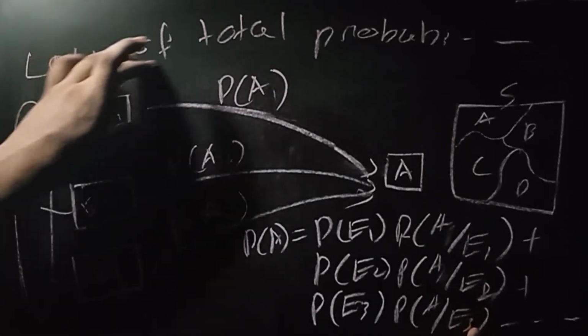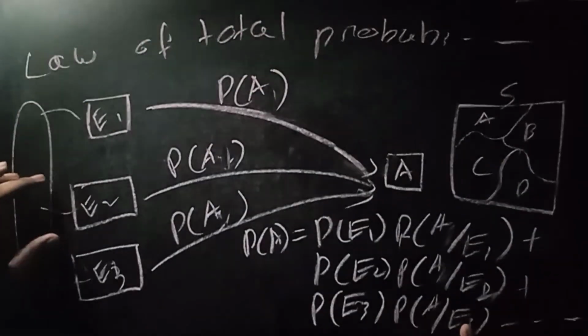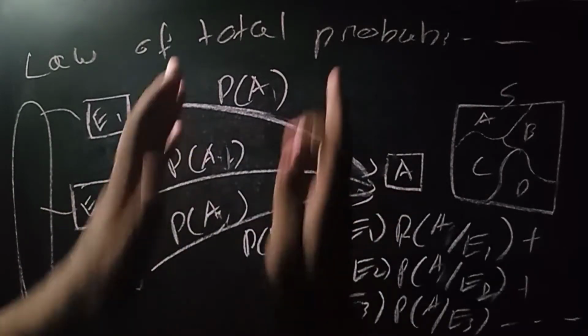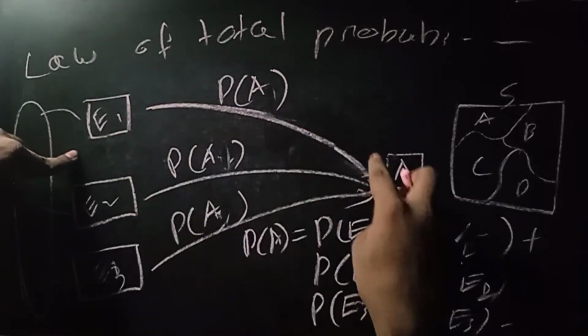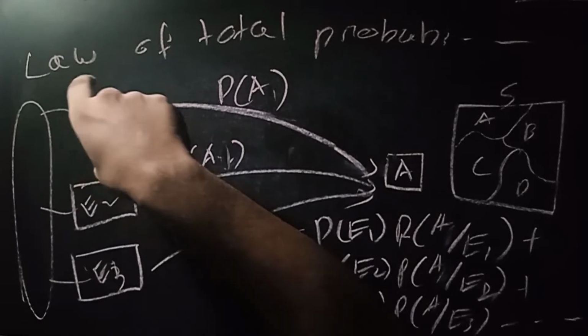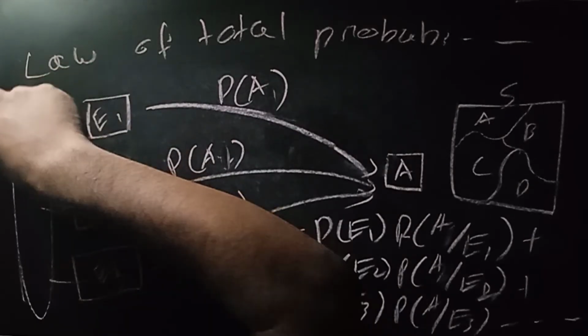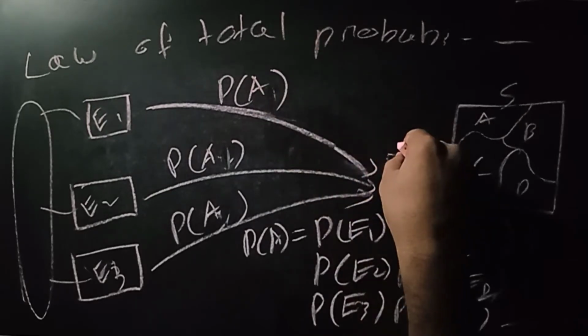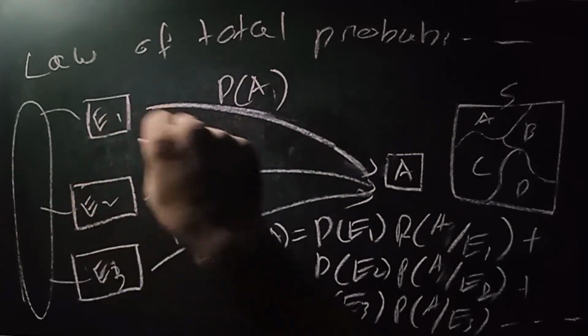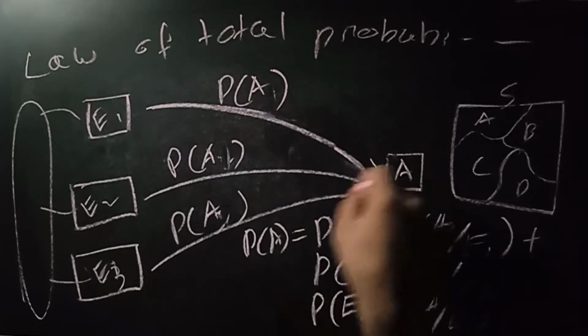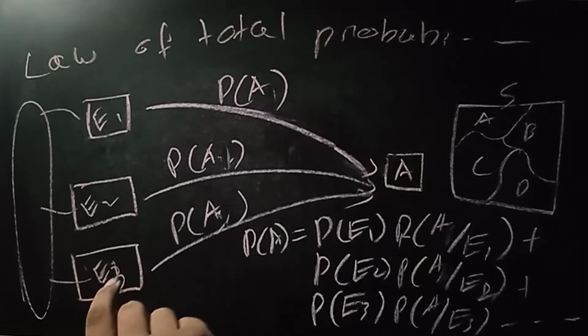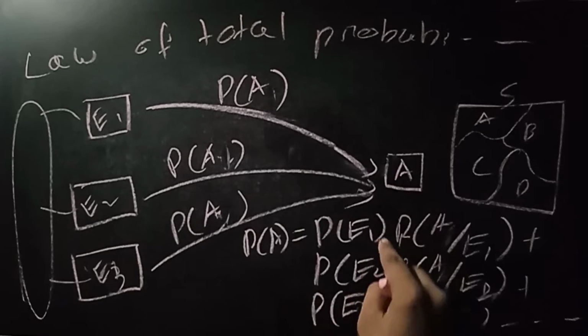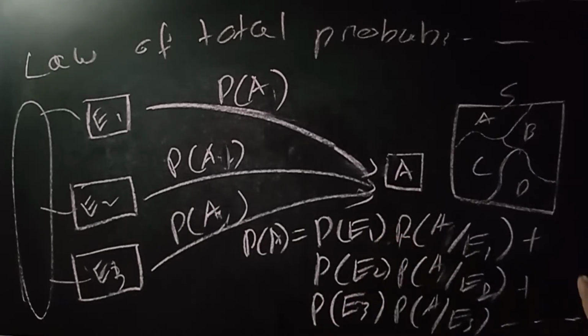You find the probability of each road and then add them, as they are OR. In each specific road there is an AND case: first E1 happened, then in E1 A happened, so you go there; then E2 happened, then A in E2, so you go there; then E3 happens, and A in E3, so you go there. So AND cases are multiplication, OR cases are addition. Basically, that's the law of total probability.